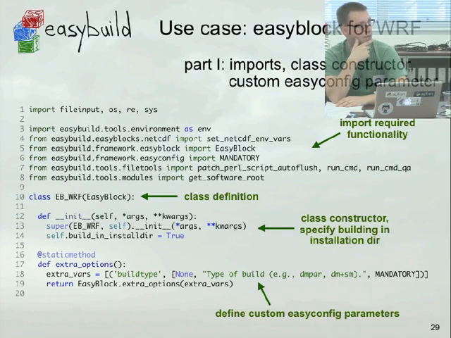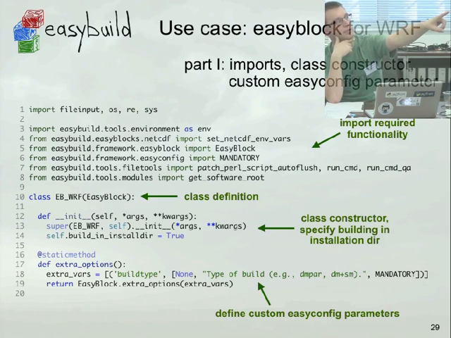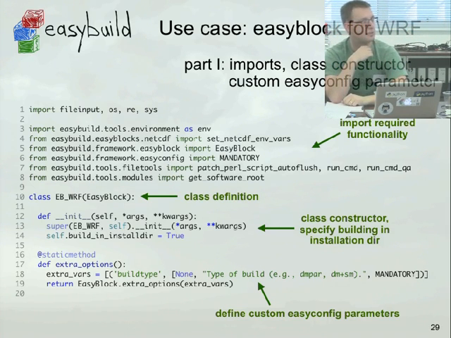And then we start defining the actual EasyBlock. So the WRF EasyBlock derives from the abstract EasyBlock class, because there's nothing standard in it, so it can't reuse something from other efforts. It specifies in a little bit maybe tricky way that it has to be built in the installation directory, so there's no separate build directory. What we do right now for WRF is we just skip the creation of a build directory, go directly to the installation directory, copy everything there, and do the build there.